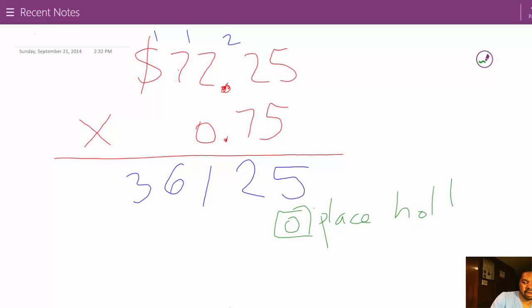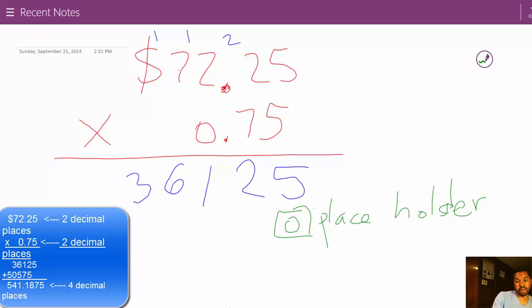Okay, so you can leave that empty for the placeholder, or you can write the 0 in for the placeholder. So we have now 7 times 5 is 35, so put a 5 down and we carry over the 3. 7 times 2 is 14, and 3 is 17.